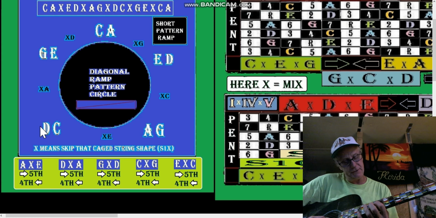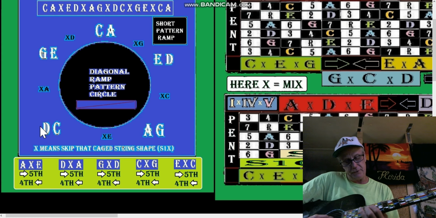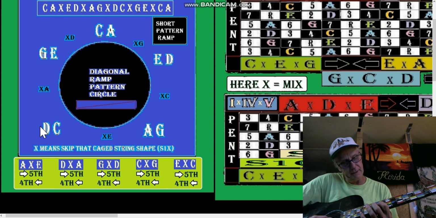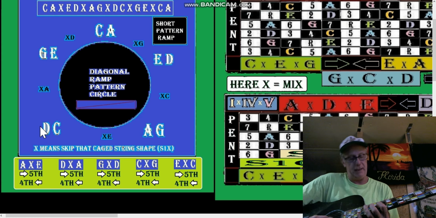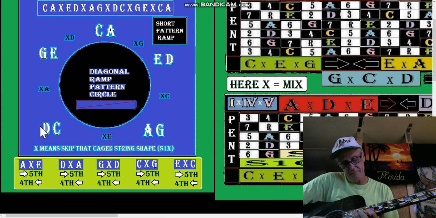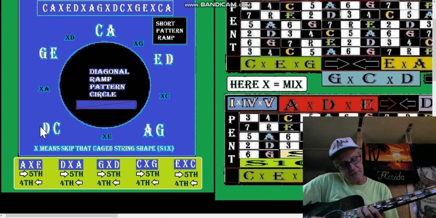Fourth of the D is the G shape. G shape goes to what? E shape. Now the fourth of the G shape, skipping E, is the D shape, right? But somehow we ended up with the C shape. Okay.